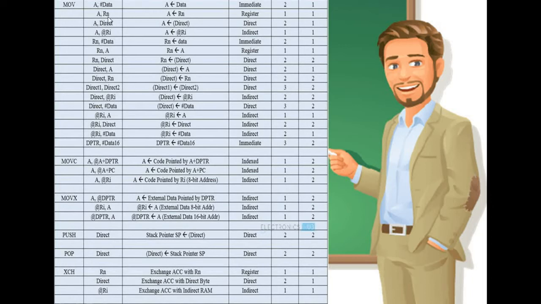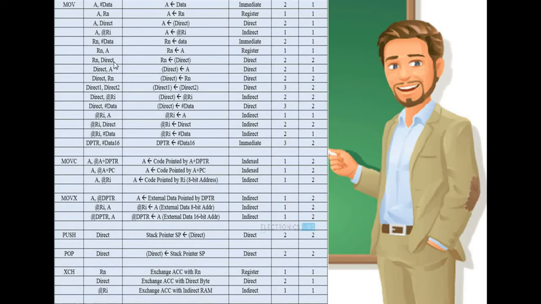MOV A comma Rn. That means the data which is present in the Rn register is going to be filled into A. Here n means the number of the register. We have already told this in the previous session. Rn comma data: data is moved to the Rn register, and the accumulator is moved to the Rn location.